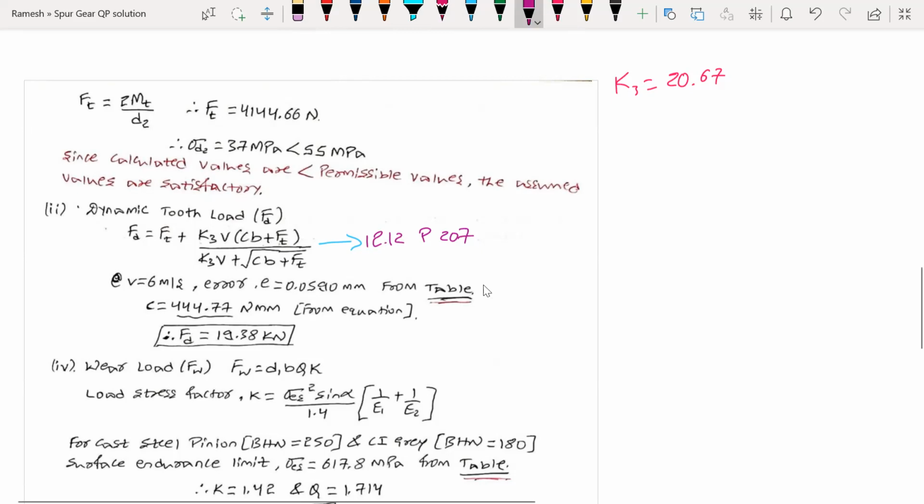From table number 12.14, which is on page number 37. From this, for velocity of 6 and more, we will take the error as 0.0590, which is there in the table 12.14. I have noted down this error.